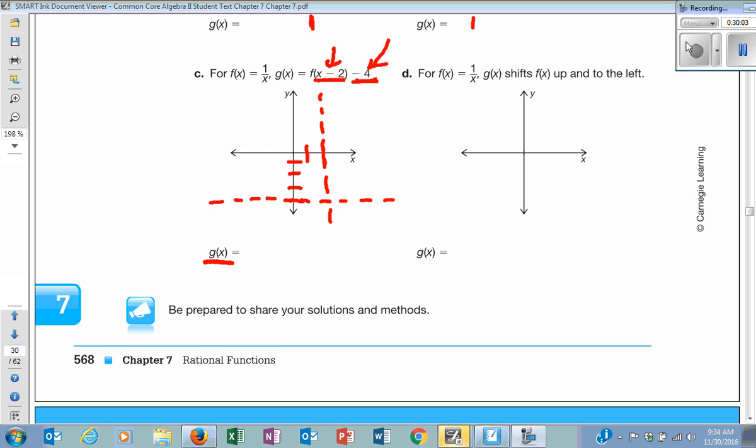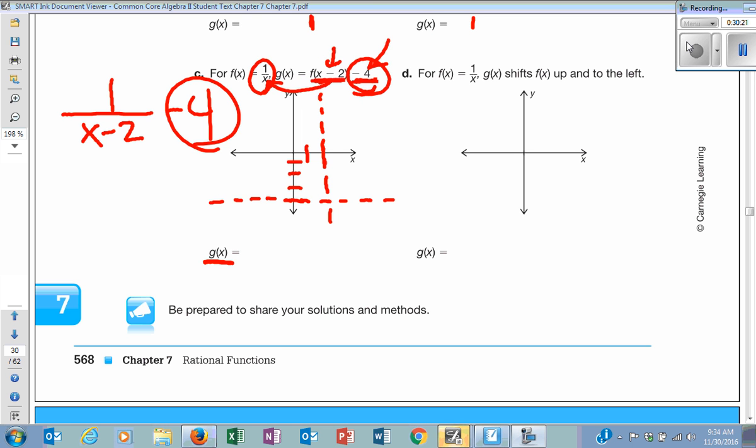And it says it wants me to take it and just put it. So I'm taking this and putting this in the x, and minus 4, all it's going to become is 1 over, replace this with the x. So it becomes not x in the bottom, but x minus 2. And this minus 4 has to come back out here, because outside moves it up and down, which changes the horizontal. In the parentheses, moves it left and right, opposite way, I think.